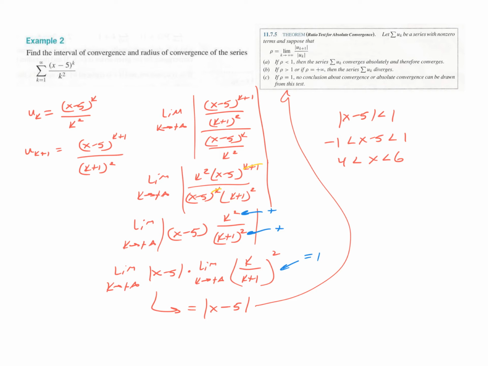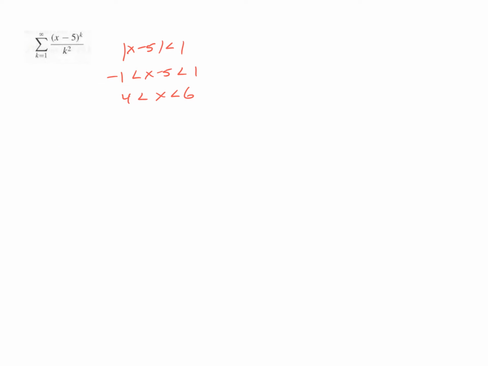So we have to look at 4 and 6. So pulling the example and the last little bit of the work from the last slide, all we have to do is what we did before, look at x equals 4 and x equals 6. So substituting x equals 4 in here, always into the original, I get negative 1 to the k over k squared. That should be obvious. That's an alternating p series with, no, hang on.